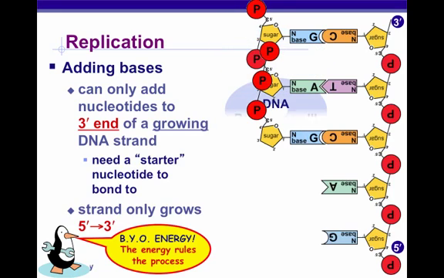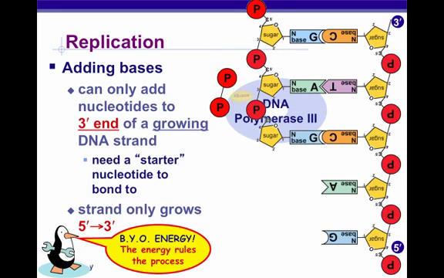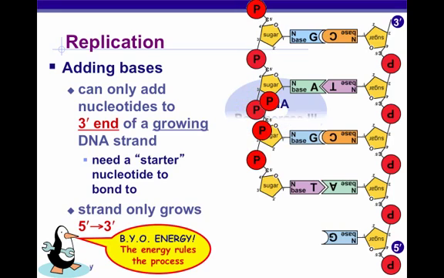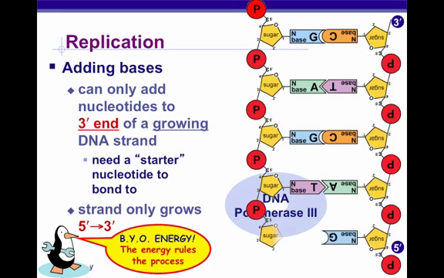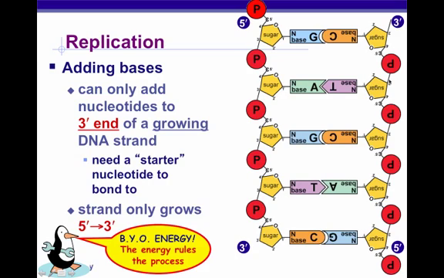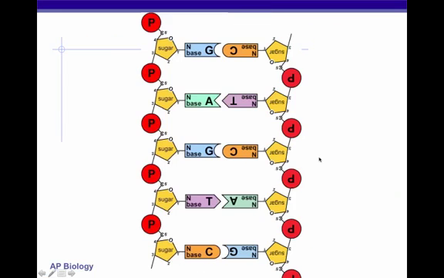Okay, so on with the guanine. Thymine to adenine. Cytosine to guanine. 5' to 3'. Again, notice over here the established, or parent, strand is 3' to 5'.